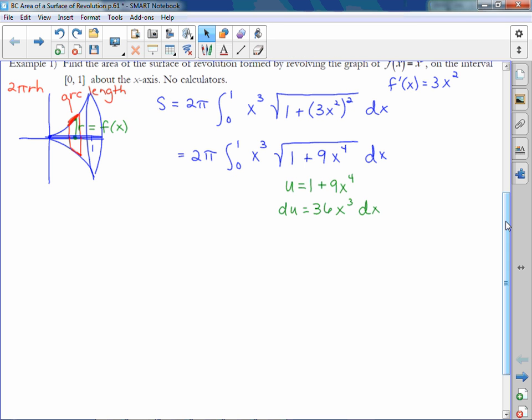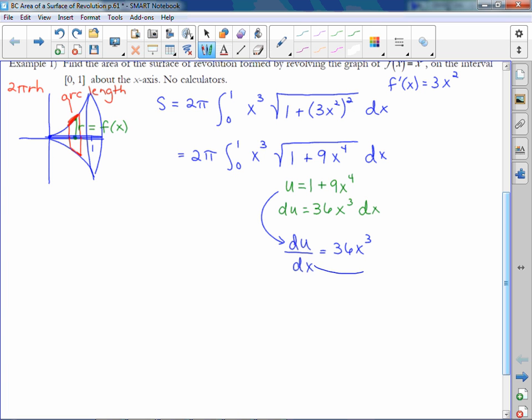All I'm doing here is taking the derivative of u to get du over dx. Maybe I should write that for you, just in case you haven't seen this. du over dx is equal to 36x cubed, and then you multiply up that dx to get the result that I just got.